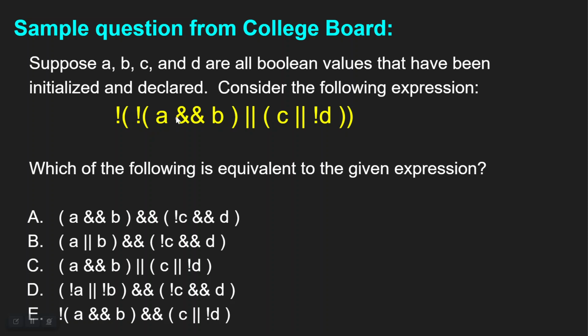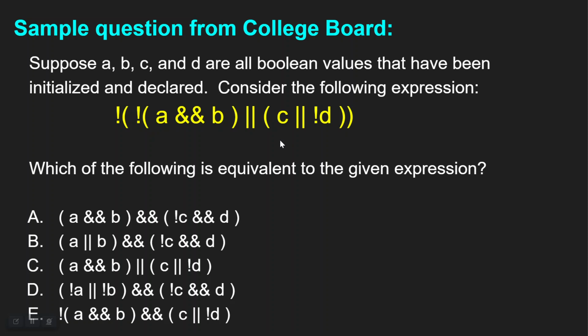So there is that. But then we've got our A and B. We know that's going to be part of the solution here. So we can automatically go down here and say it's probably either A or C, because we've got A and B, which we know is not A. And then we also have to flip our or sign to become an and sign, according to De Morgan's law.